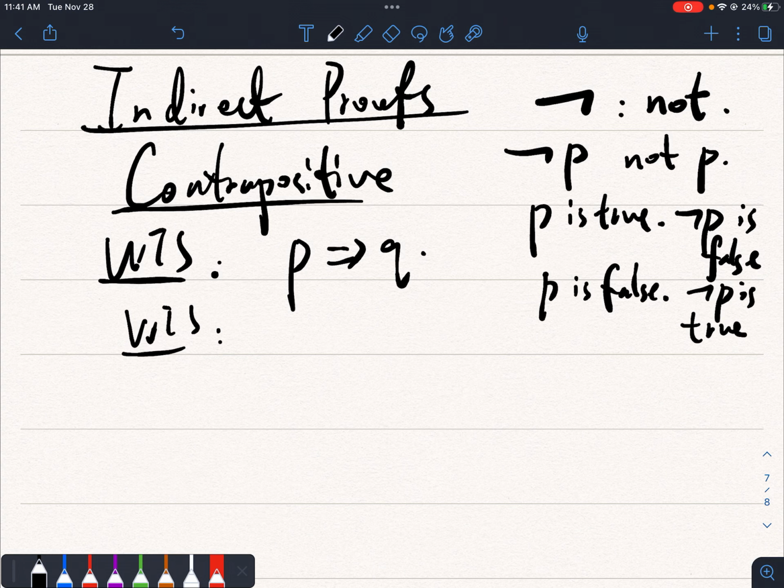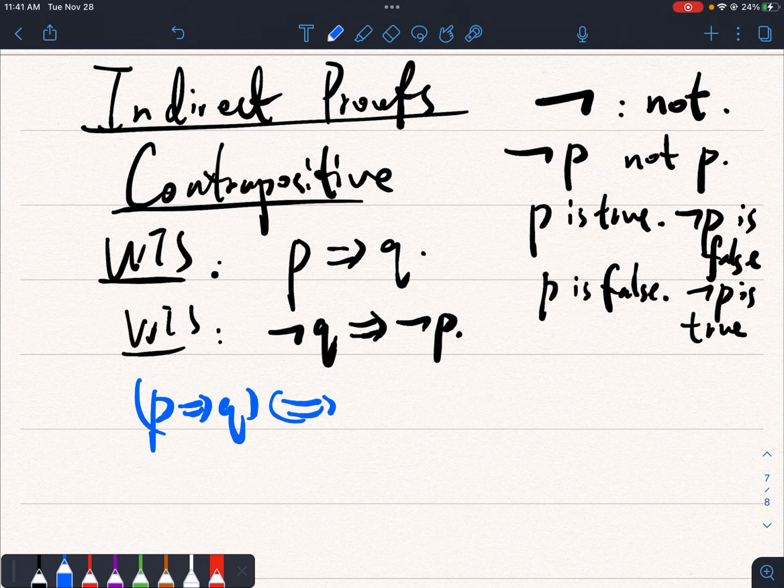So to show P implies Q, all we need to show is not Q implies not P. Or the other way around: if we want to show not Q implies not P, all we need to show is P implies Q. The essence is that P implies Q is true if and only if not Q implies not P is true.